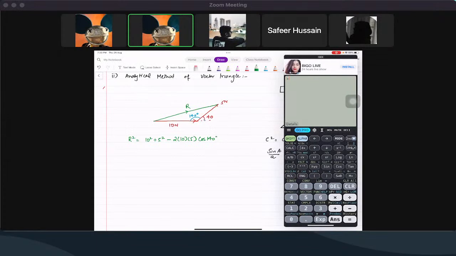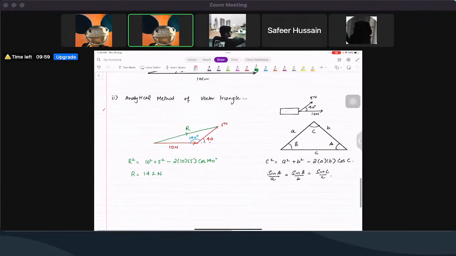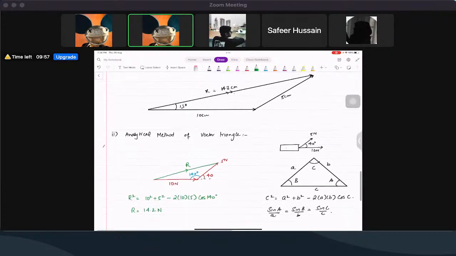Oh, what did I do here? Made a mistake. And then I'm going to take the root of it to find r, so I get r to be 14.2 newtons. This is the exact value, but with the drawing there is a little bit of change, and they always give you room for it. Is it clear, everybody?